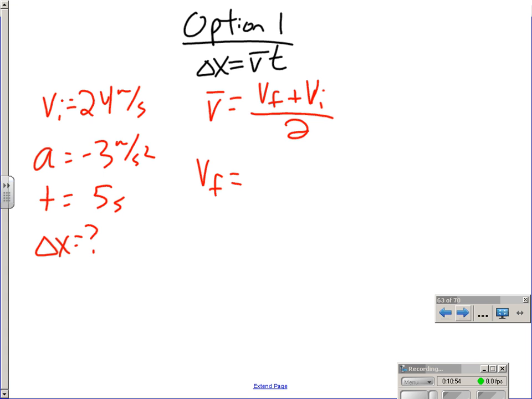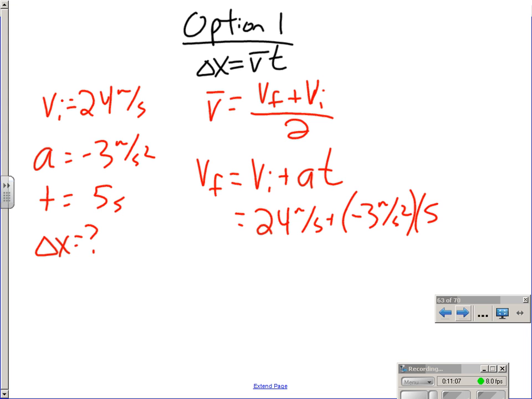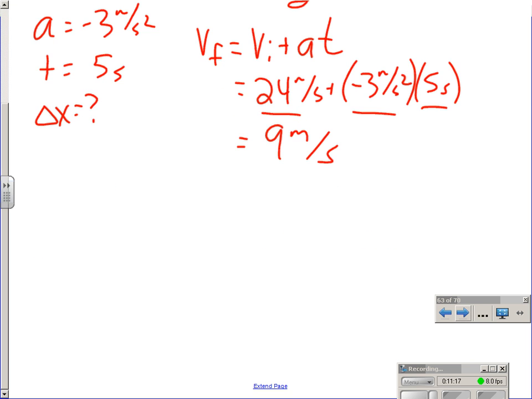You're going to find your final velocity using this equation. So your final velocity is going to be, right? You're starting out at 24 meters a second, decreasing by 3 every second for 5 seconds until you get to 9 meters per second. Now that I know that, I can find my average velocity.